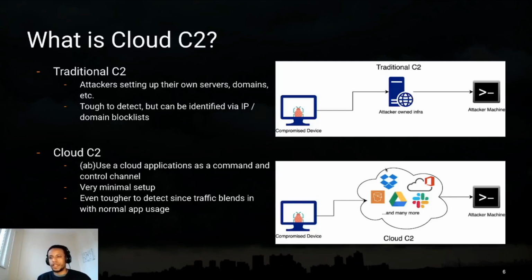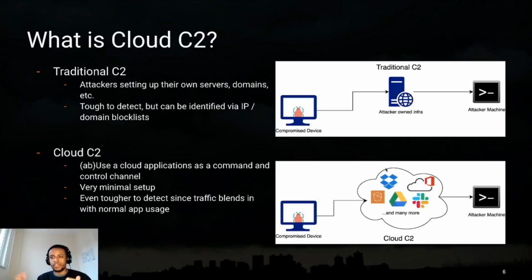So what is Cloud C2? Cloud C2, as opposed to traditional C2, uses cloud applications as a medium for this command and control traffic, right? It requires very minimal setup relative to traditional C2, since most of these apps have a quick start process that attackers can use to quickly set up an application.